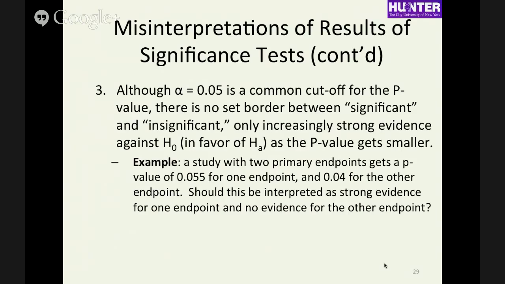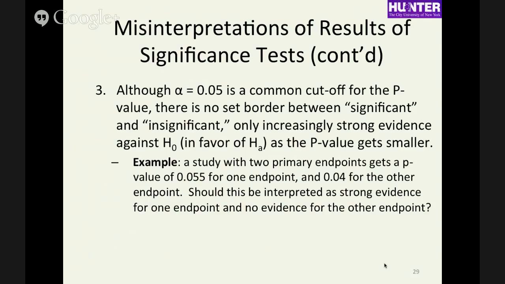There was one endpoint that was anemia, one that was performance in math, one that was performance in spelling, and you can end up with, if they're correlated endpoints, a p-value a little over 0.05 and a p-value a little under 0.05. It doesn't mean that those are fundamentally different. It just means you didn't meet that threshold of evidence for one of them.